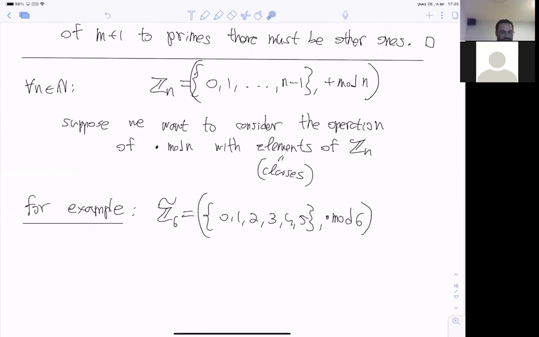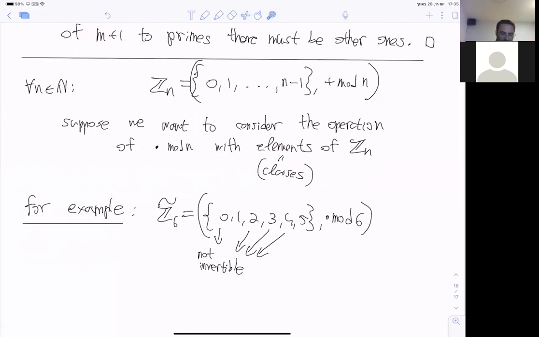It's not the original one because here is multiplication. So of course 0 is not invertible. But I claim that also 2 is not invertible, and also 3 and 4 are not invertible.